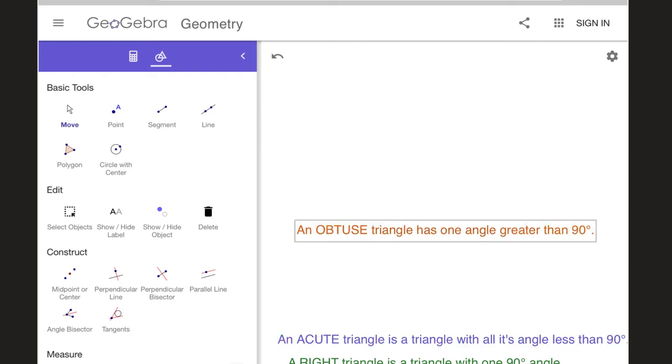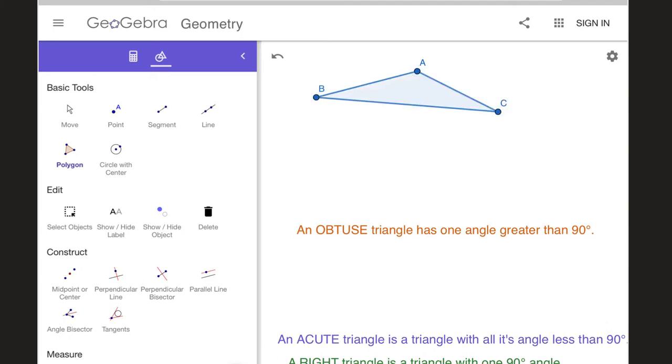The next triangle we're going to look at is the obtuse triangle, and the definition for the obtuse triangle is a triangle that has one angle greater than 90 degrees. So let's create a triangle that has one angle greater than 90, and here we go. There it is.